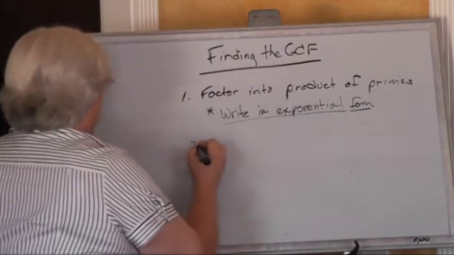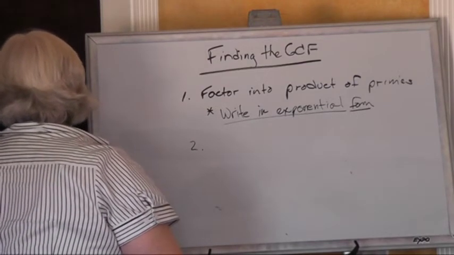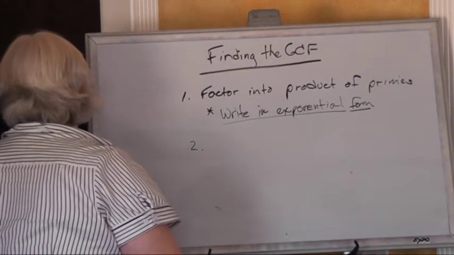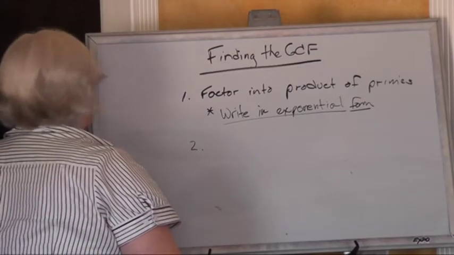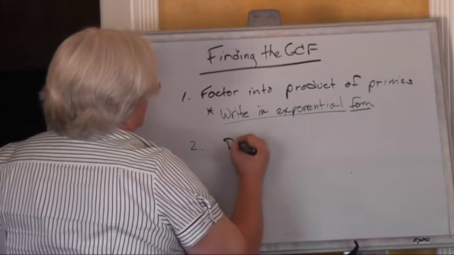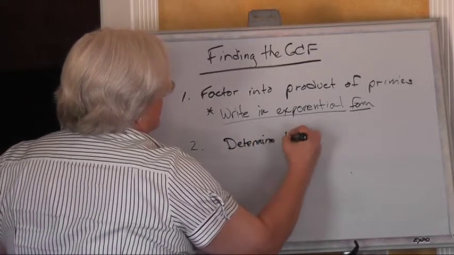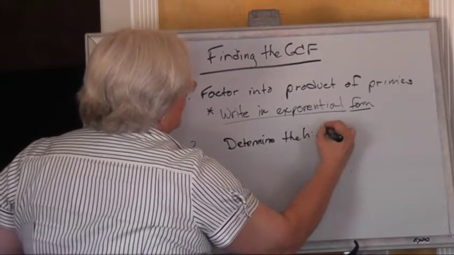The second step is circle each factor common to both numbers and determine the highest common power of each factor.